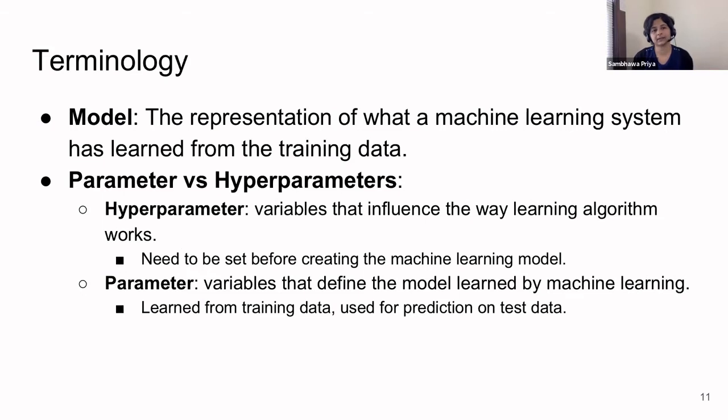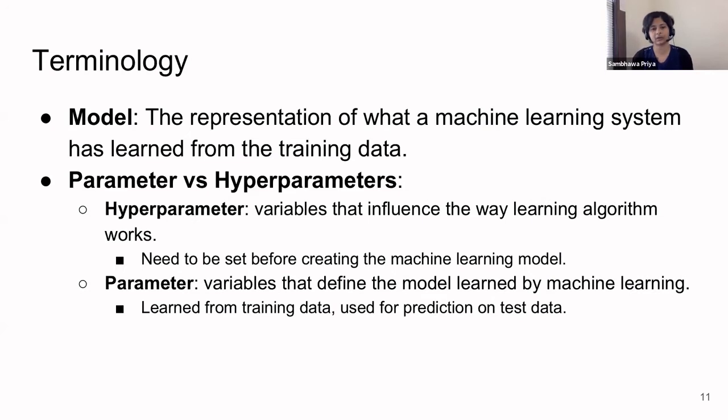And yeah, there are two terms which sometimes get confusing: hyperparameters and parameters. Hyperparameters are variables that influence the way the learning algorithm works. These need to be identified and set before creating the machine learning model on the training data.